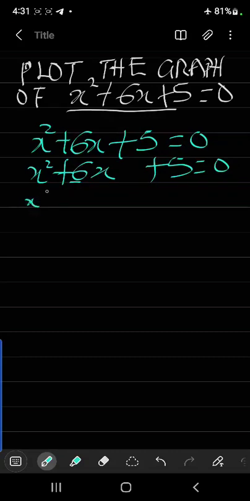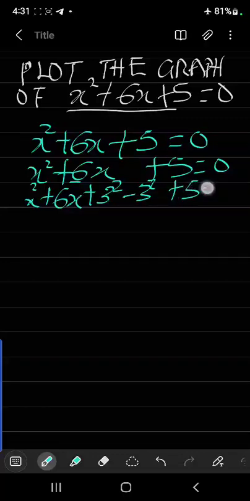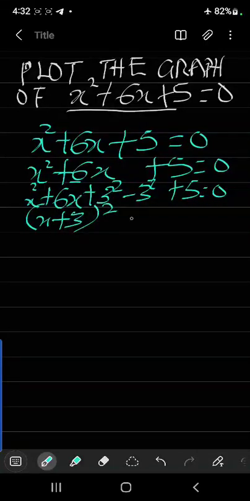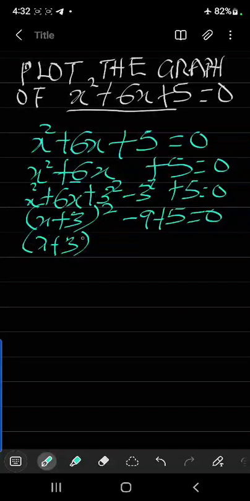That will be x squared plus 6x plus 3 squared, minus 3 squared, plus 5 equals 0. This is a perfect square, so that will be x plus 3 all squared, then minus 9 plus 5 equals 0. So we have x plus 3 all squared, then minus 4 equals 0.